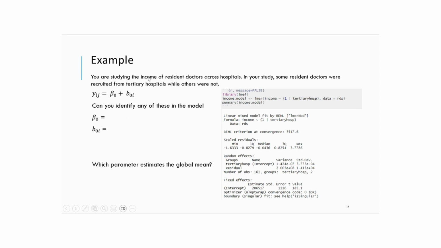So in this study, you're looking at resident doctors across hospitals, and you want to look at whether their income is associated with the type of hospital that they are in. So these are doctors, they are individual observations in your study. But these individual observations, which are doctors, can either work in a tertiary hospital or, let's call it, a community hospital.